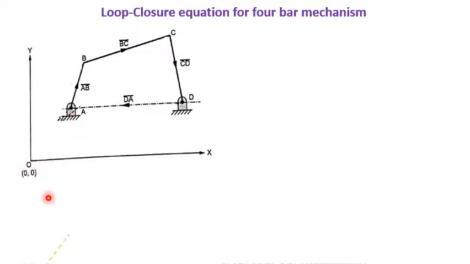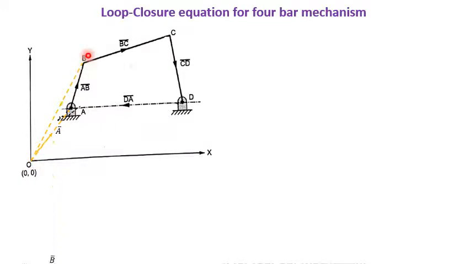So from the reference point, draw a dotted line. The direction of this dotted line is towards the point. A is here, therefore the direction should be towards A. So this represents the position vector A. Next, again from the same origin to the point B, draw a dotted line.